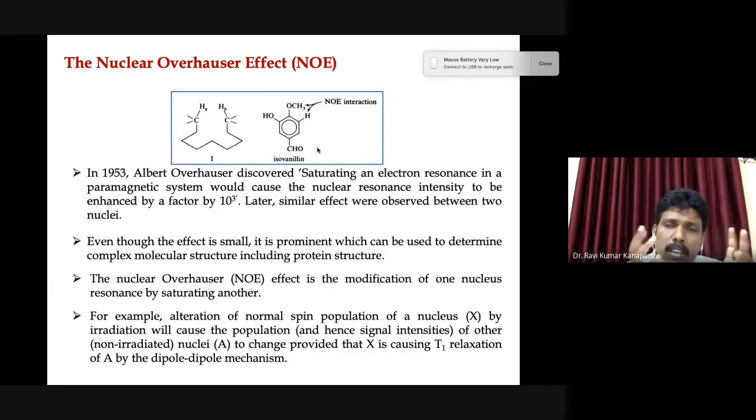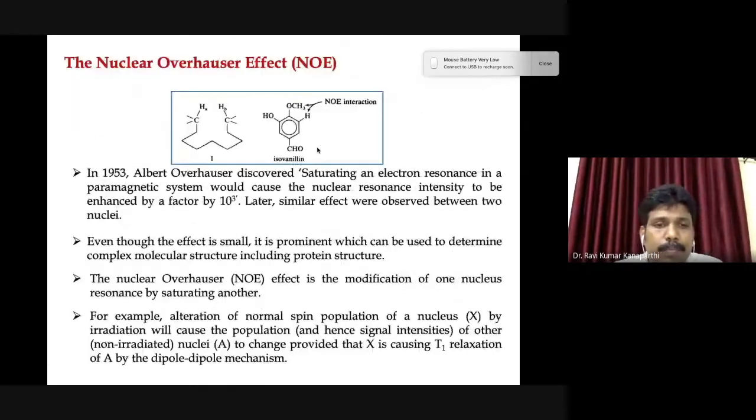For such a molecule, if you want to determine stereochemistry, whether a group is pointing towards you or pointing backwards from the plane of the molecule, this is one of the techniques. Of course, there are many other techniques as well.